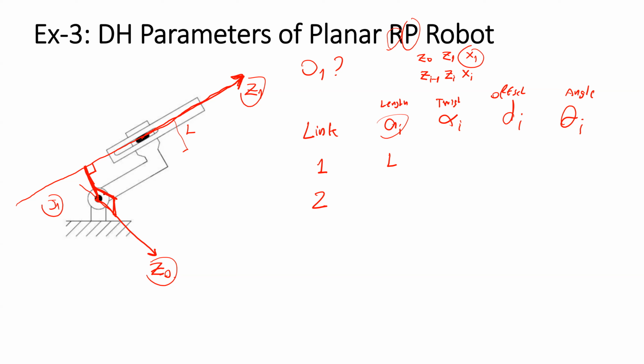So X1 should be this. Why? At least we know that X1 should be the mutual perpendicular and should be the direction of the link length.